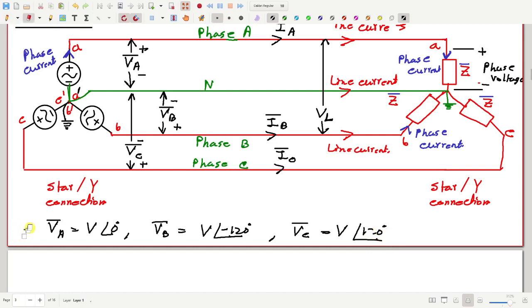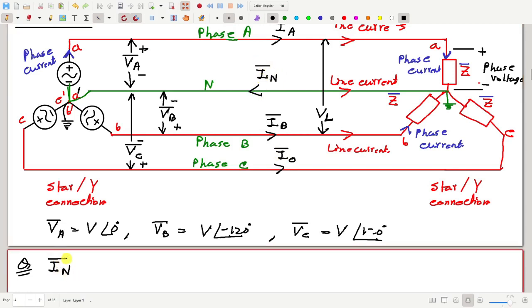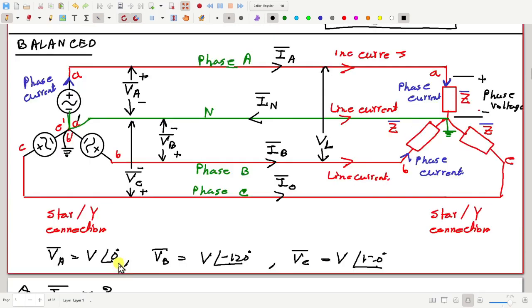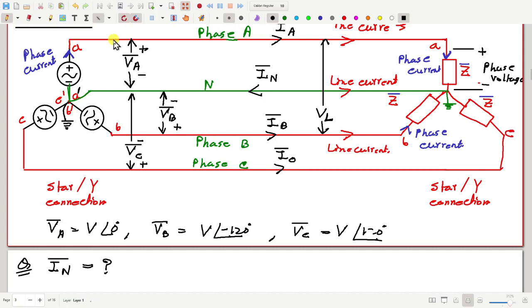Now the question is, find out the value of IA, IB and IC and also this current IN. How much is IN? We have a perfectly balanced system. I will wait for a minute for you to find out the value of IN.